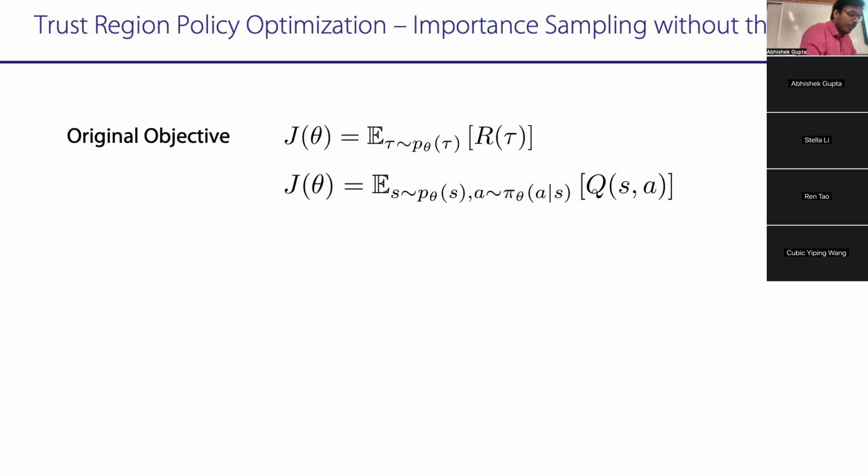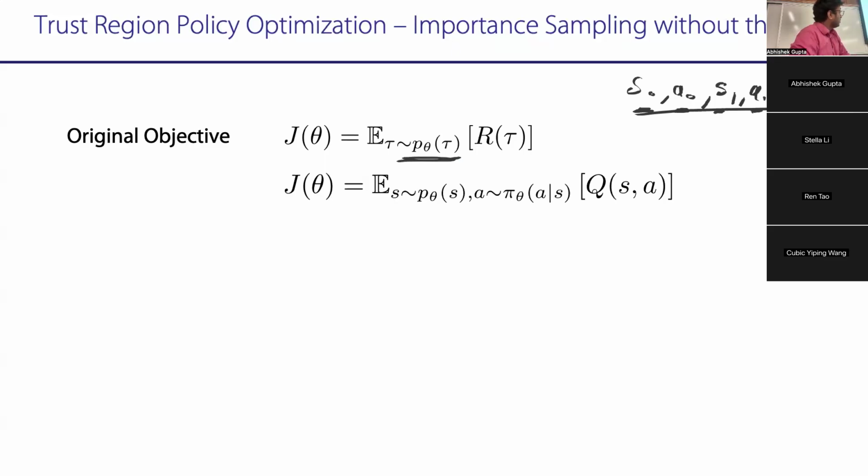Okay, so the first thing we're going to do is go from this trajectory level sampling. Trajectory level sampling says, I'm going to sample S0, A0, S1, A1, till ST, AT, one after the other. But as we discussed in lecture 1, you can also represent the same sampling process in a different way. There are two ways of doing sampling: sequential, or ancestral, sampling, which is S0, A0, S1, A1, S2, A2, or you can sample from the stationary distribution.